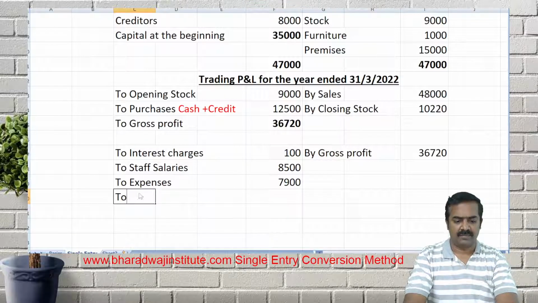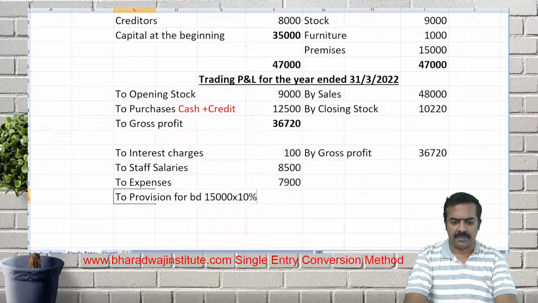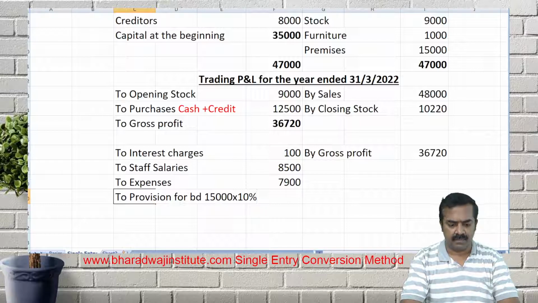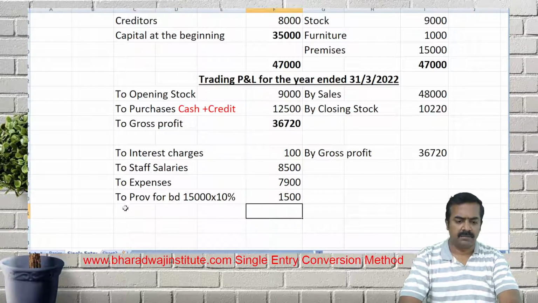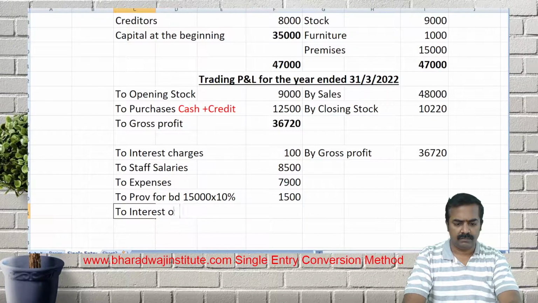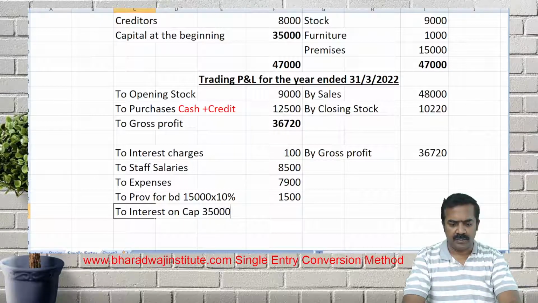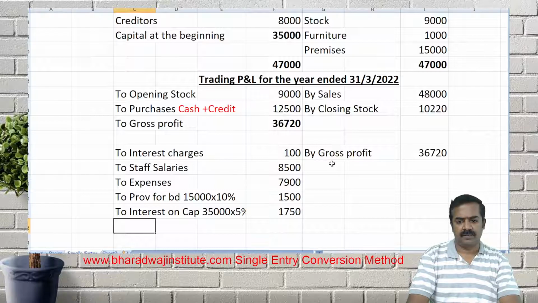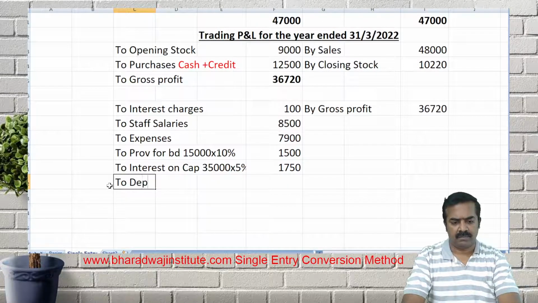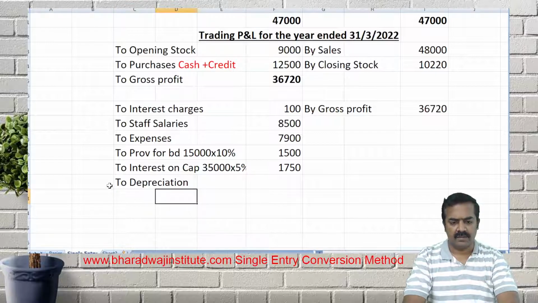To provision for doubtful debts, 1,000. On the closing balance of debtors, 15,000 into what percent? 10%. Then depreciation: 35,000 into 5%, 1,750 on which asset?